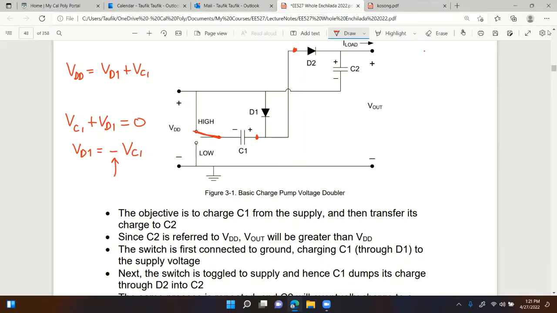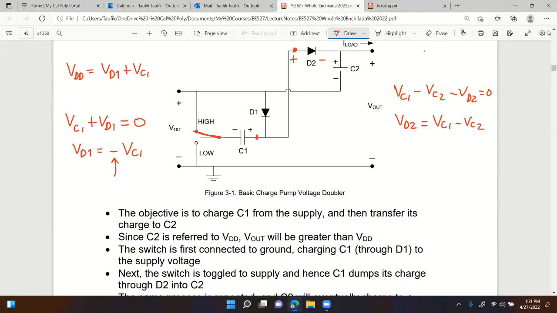That's VC1 plus minus, minus VC2 minus plus, minus VD2 equals 0. Therefore VD2 is equal to VC1 minus VC2. Agree?